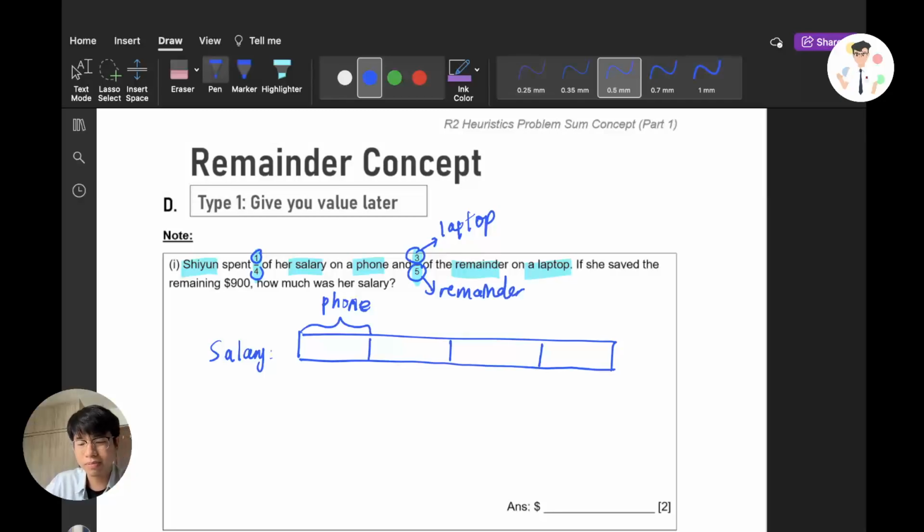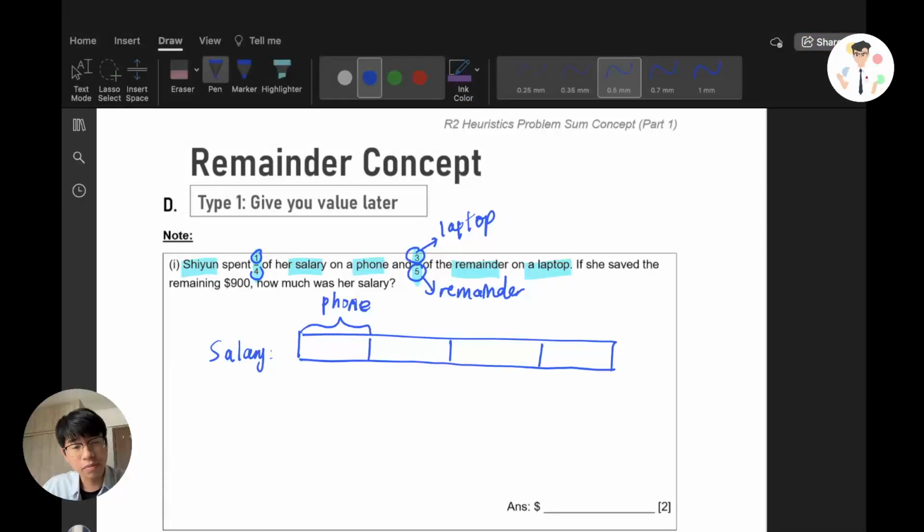But the problem is my remainder down here is what? It's 3. But up there, they are saying that my remainder is what? 5. These two things are actually supposed to be the same, but they're not the same. So we are supposed to make it the same by looking for LCM.